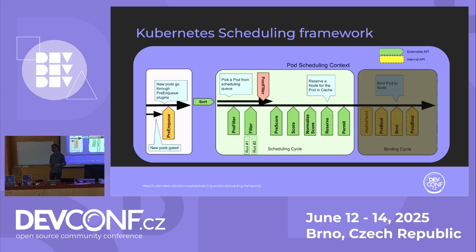Once you have a set of candidate nodes, the pod passes through the scoring plugins. What happens there is that each node is assigned a score so that the scheduler can decide to run the pod on the host that has the highest score.